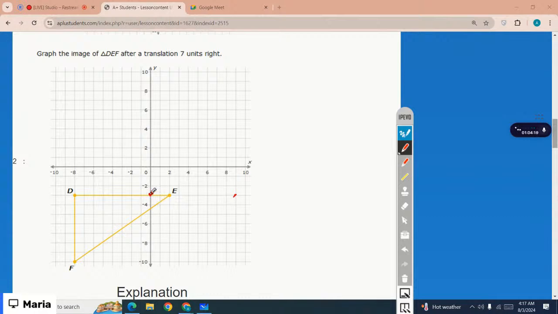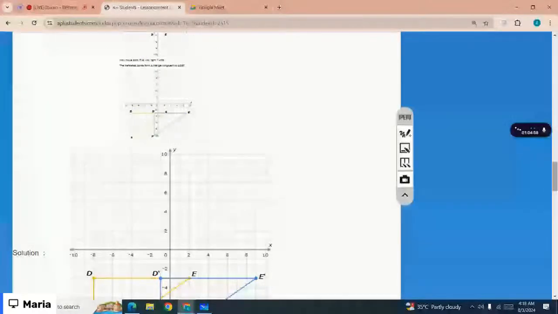Here is D. And then here is F. So the new translated image is at this point. Got it? So here is the translated image, right?